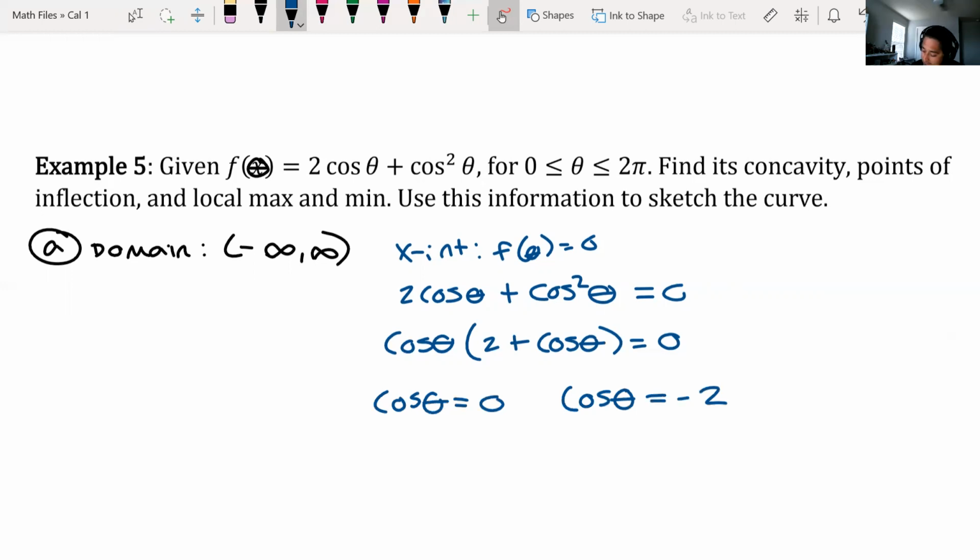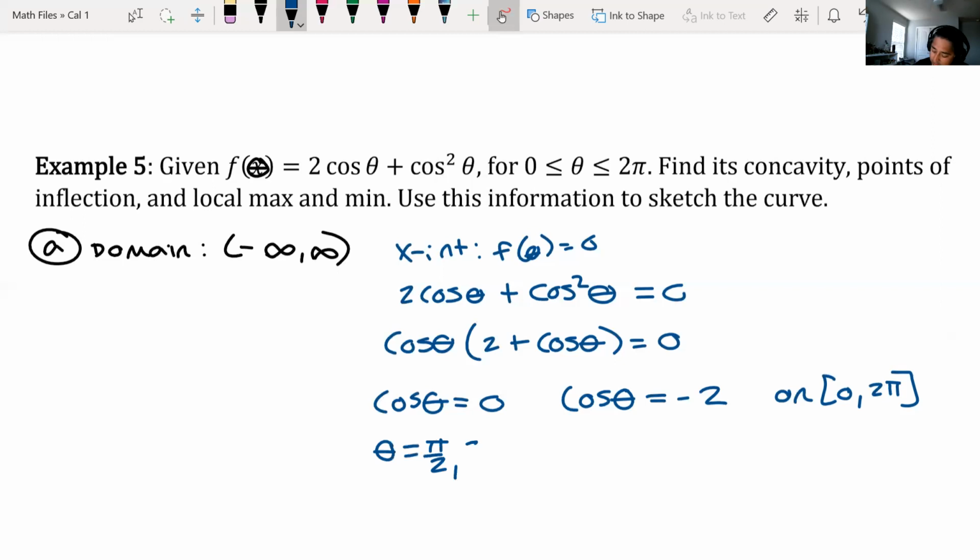And remember that this is on the interval 0 to 2 pi. Okay. So what values of theta make cosine 0 on the interval 0 to 2 pi? Pi over 2 and 3 pi over 2. Good.